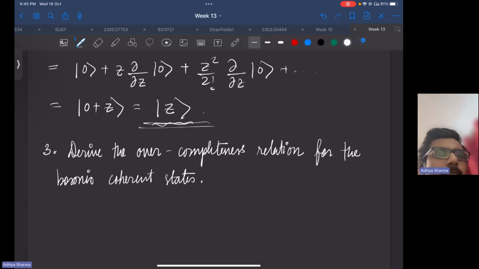Let me just look at the formula again. First step is to look at this sort of a state.